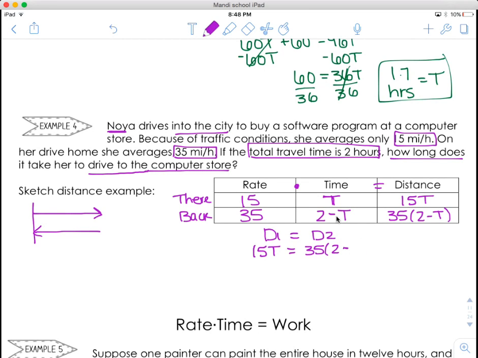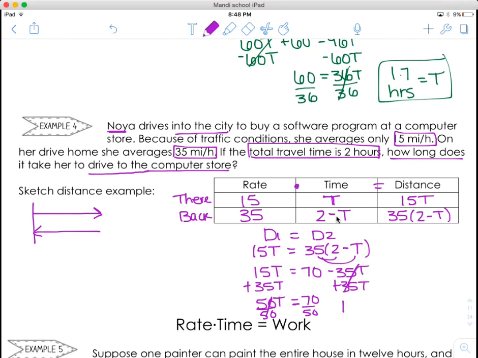Let's try that again. Distributive property. So 15t equals 70 minus 35t. Let's add 35t to both sides. So that's 50t equals 70. Divide both sides by 50. And t equals 1.4 hours.